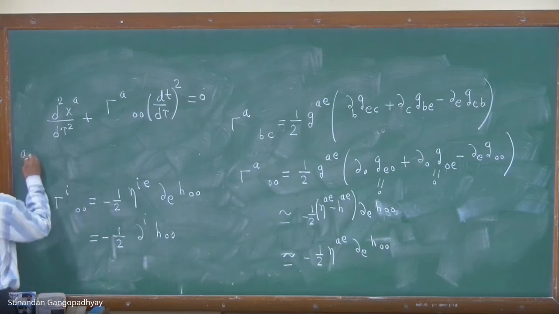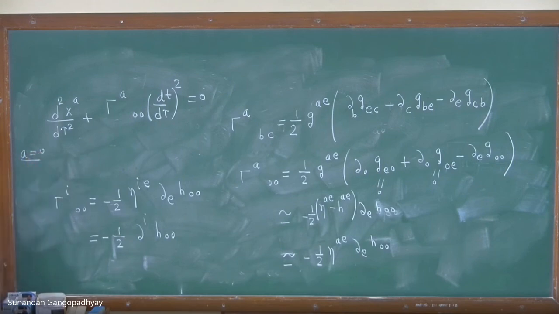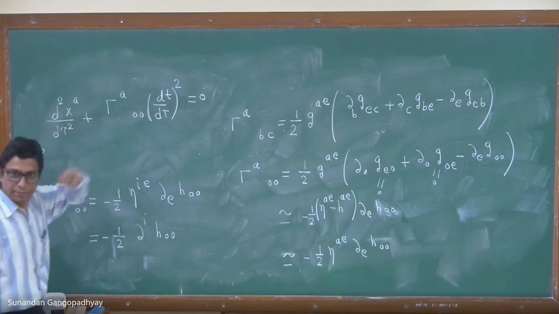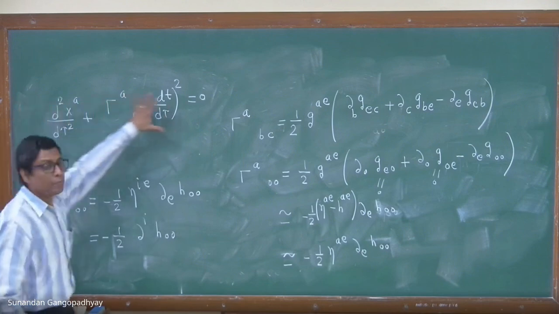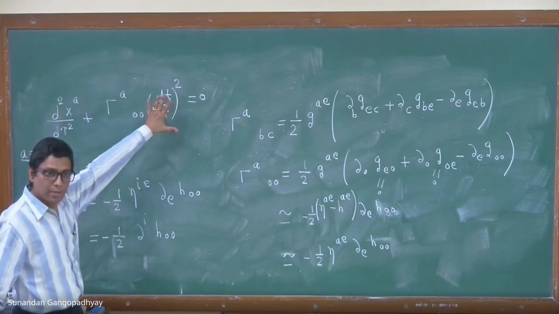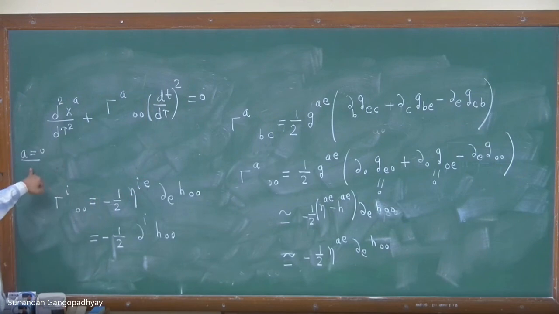So let us put A equal to 0 first, because A is the field index. This equation we got under the non-relativistic approximation. Now set A equal to 0.